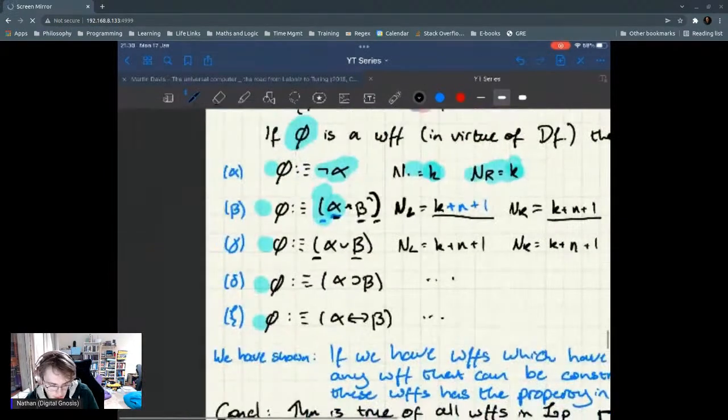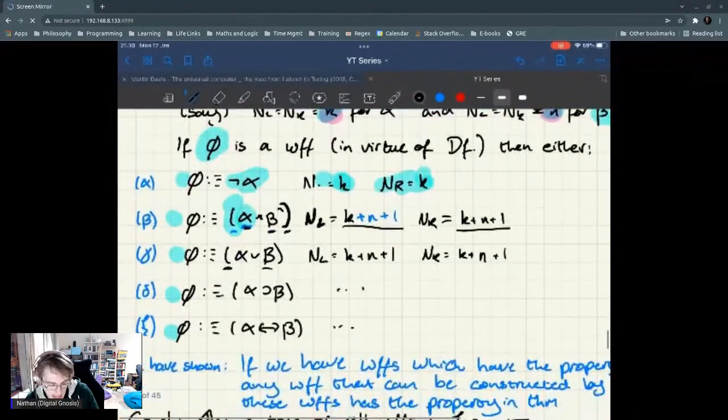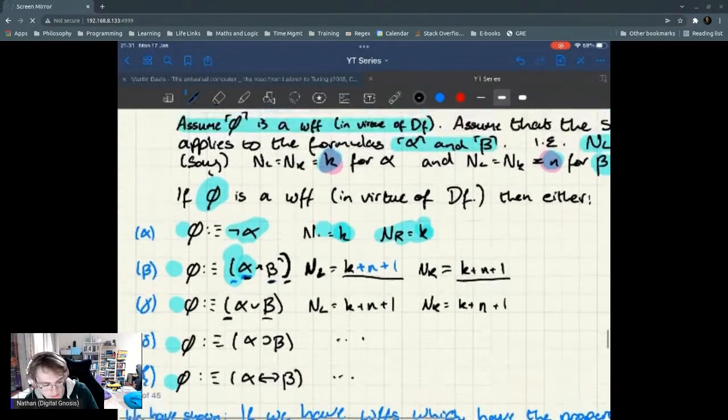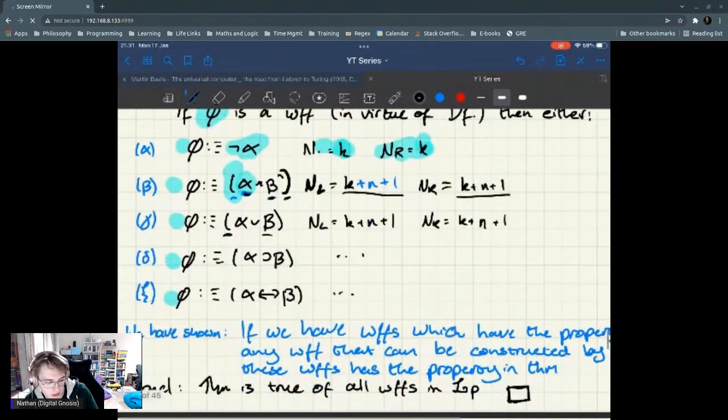But what we have shown then is that if all of the smaller well-formed formulas that we're constructing out of have this property of having an equal number of left and right-hand brackets, then any formula that we can construct out of them also has that property.